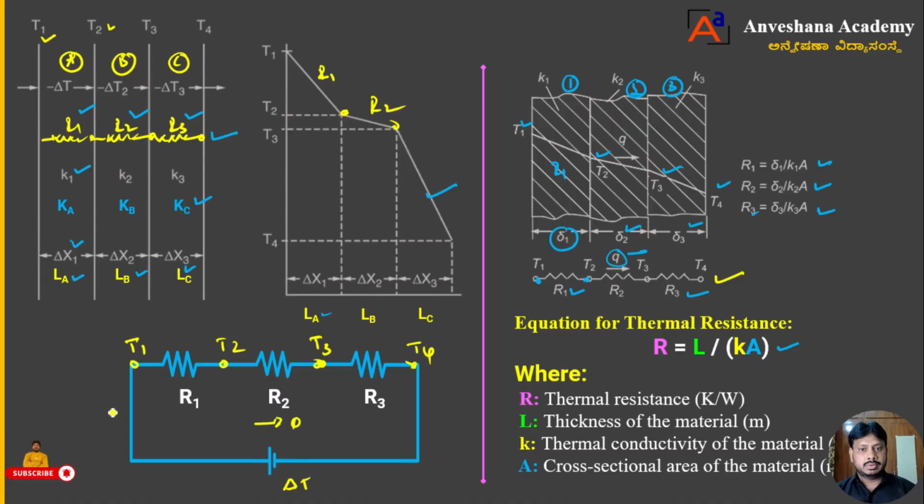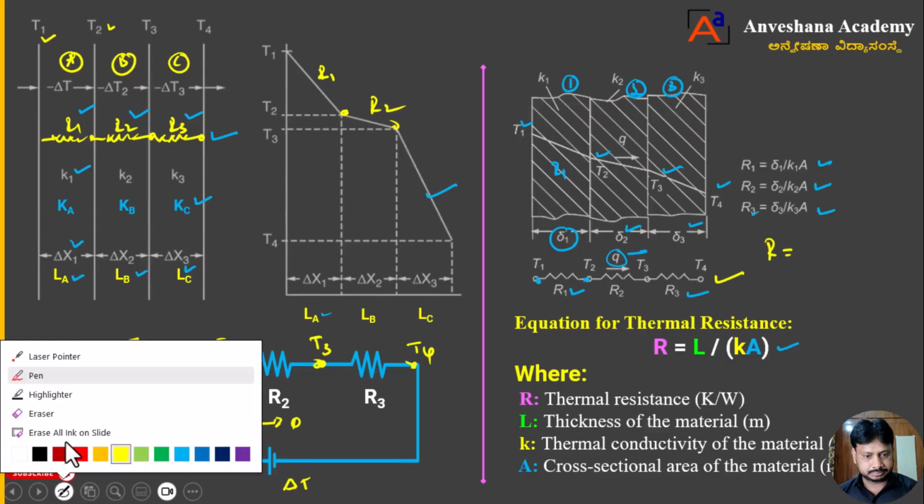When the walls, planes or slabs are arranged in series, all the plane walls offer resistance individually. If I want to calculate the total resistance offered by the composite wall, I can calculate it like this.